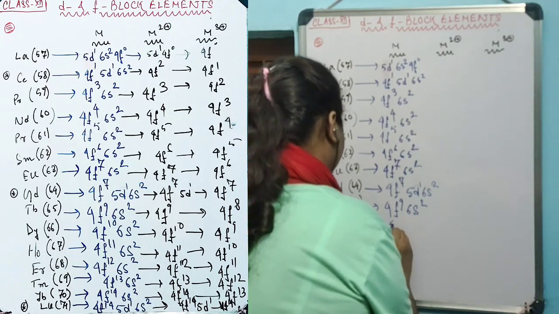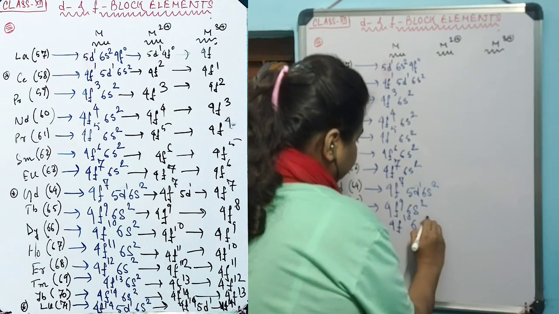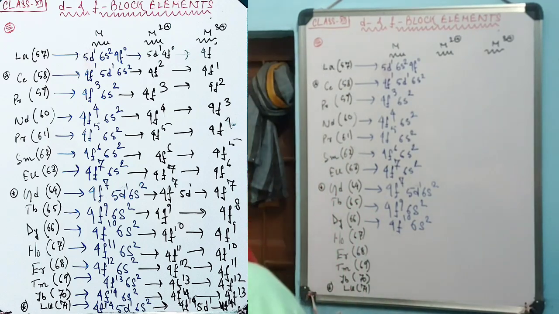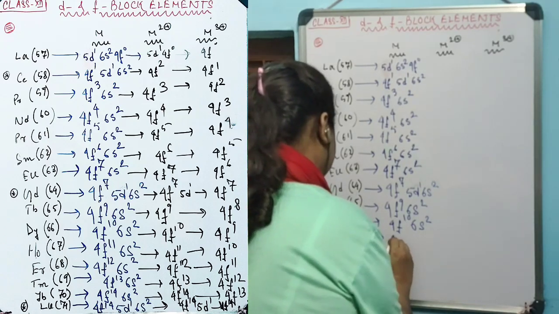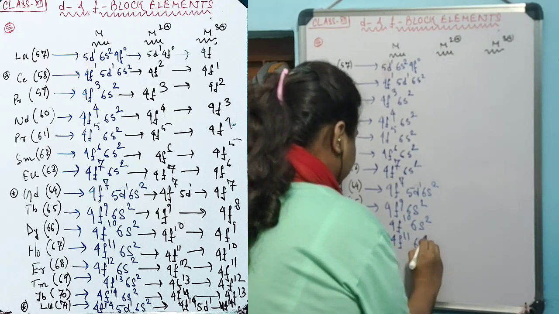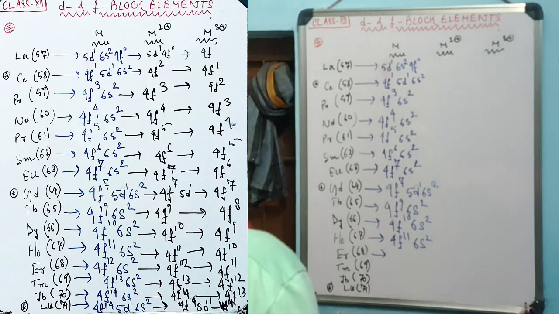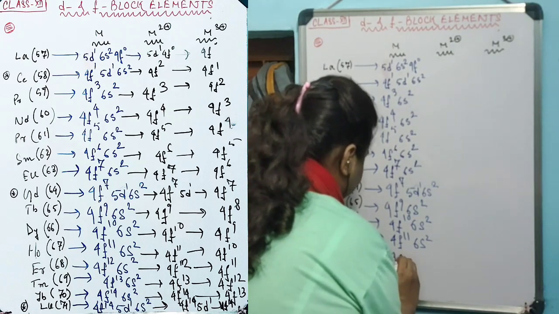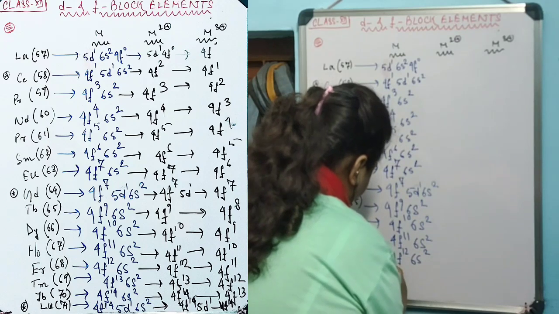The electronic configuration is 4f10 6s2. The next element is Ho, holmium. The electronic configuration is 4f11 6s2. The next element, Er, erbium, has the electronic configuration 4f12 6s2.